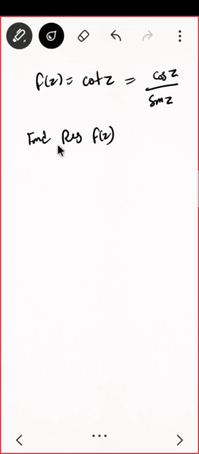Correct? So for residue, do you see how many poles are there? Sin z 0 मतलब कितने poles आएंगे? So z equal to n pi. Correct? Because z equal to n pi, this will be not defined. So there are infinitely many, actually countably infinitely many poles for this. So how can you find residue of this function?